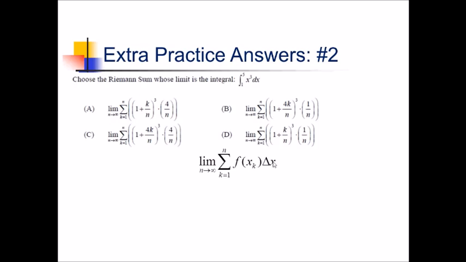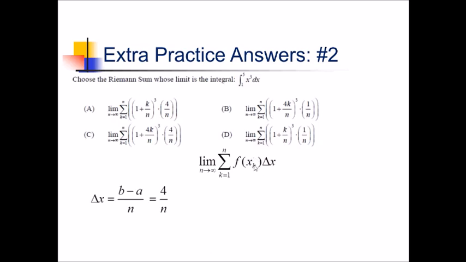Delta x is the easiest part to pick out, and it determines what goes inside your function. In general, delta x is your interval length divided by n. The interval length in this case, b minus a, is 5 minus 1, so this is going to be 4 over n.